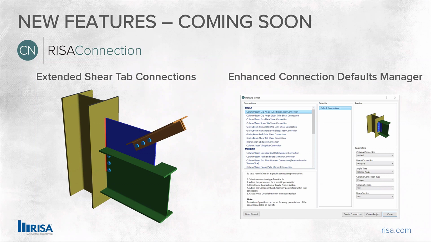What's your beam or column section? What's your angle type? Your flange type, is it welded or bolted? All of these things, so that you can more easily use those defaults when you are assigning connections coming in from a RISA 3D model or a RISAFloor model, or when you're starting from scratch directly in RISAConnection.